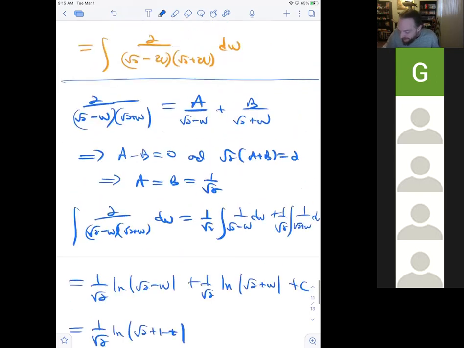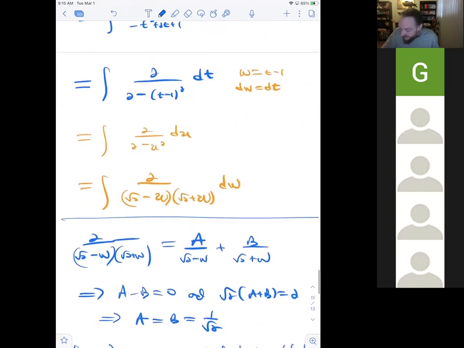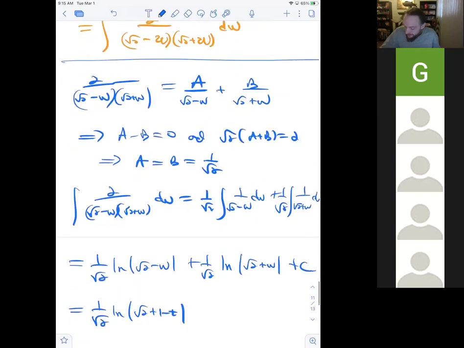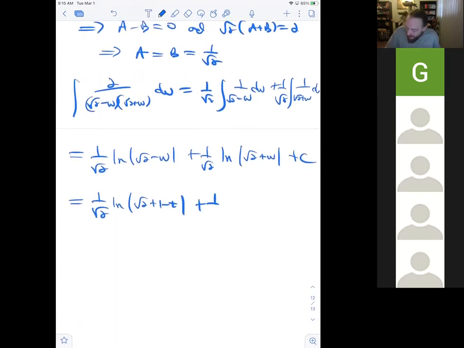Remember what w was? w was t minus 1. Plus 1 over root 2 times the natural log of the absolute value of root 2 plus t minus 1, plus C.